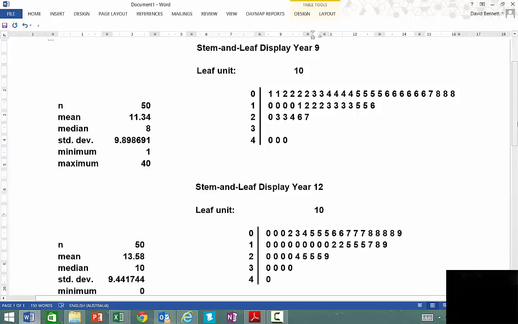So if I was going to write about this, I'd be saying something like, comparing the two sets of data, the stem and leaf plots, the mean and the median, the Year 12s are 2 hours more than the Year 9s. We can see that obviously Year 12s spend more time on the computer than the Year 9s. It's quite clear from what is shown there.